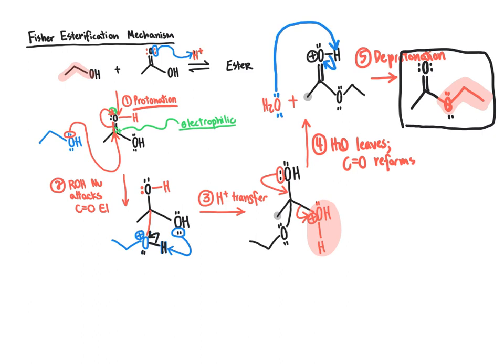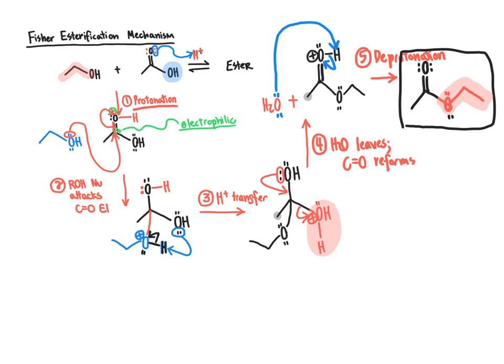So if you didn't want to write out the whole reaction mechanism to get to the product, what you could do is simply replace the OH group of the carboxylic acid with the O-alkyl group of the alcohol, and that would give you the product of this Fischer esterification reaction, based on the mechanism that we see here.